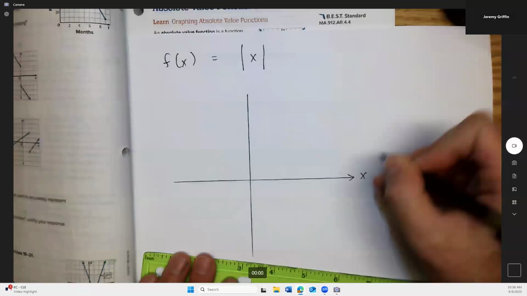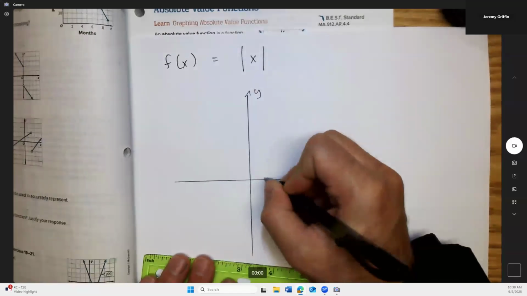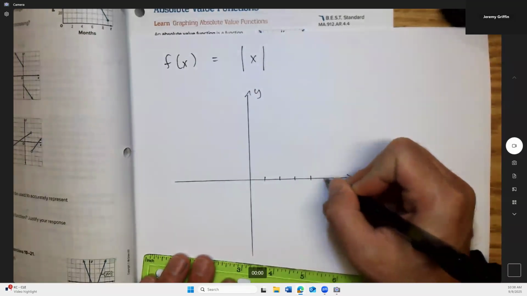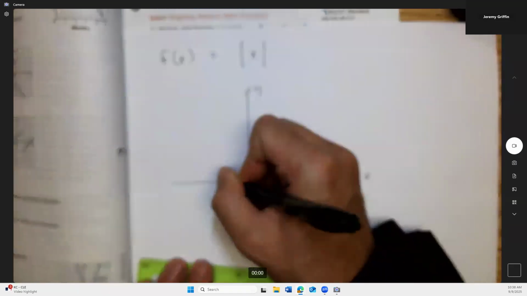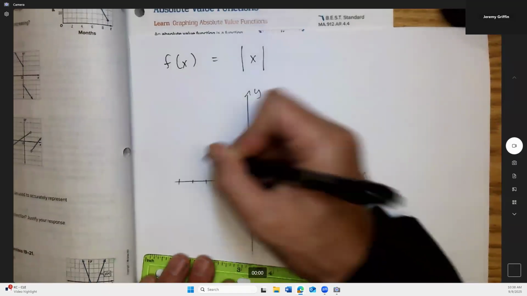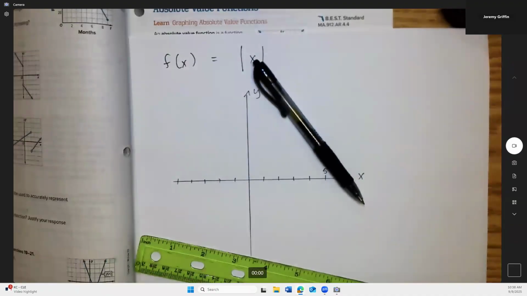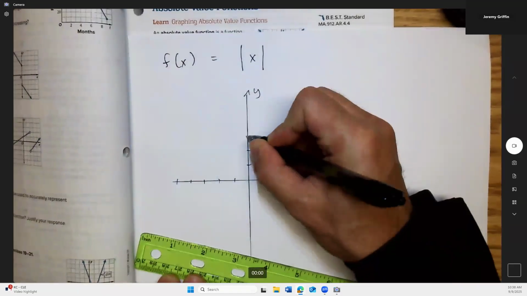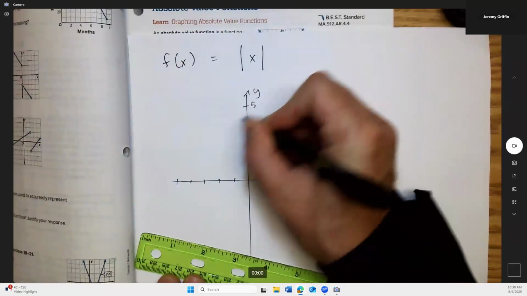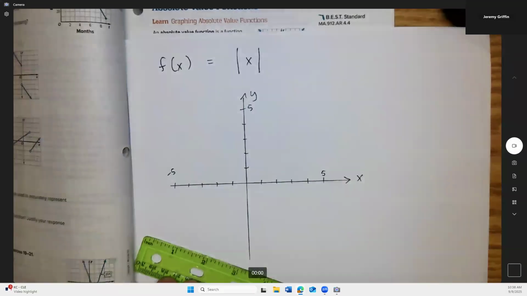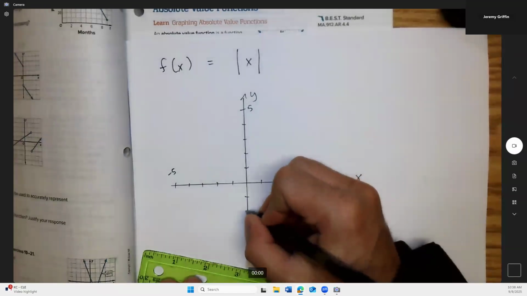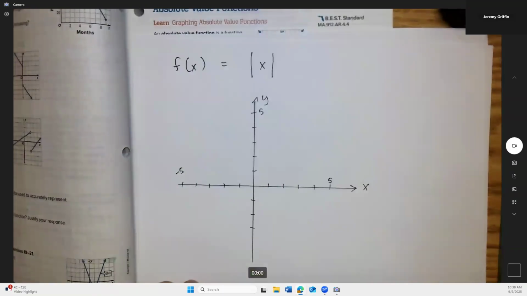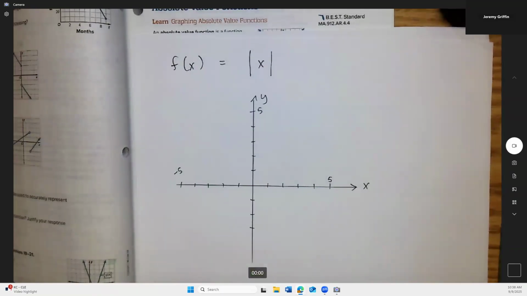So x-axis, y-axis. Go ahead, make that graph.